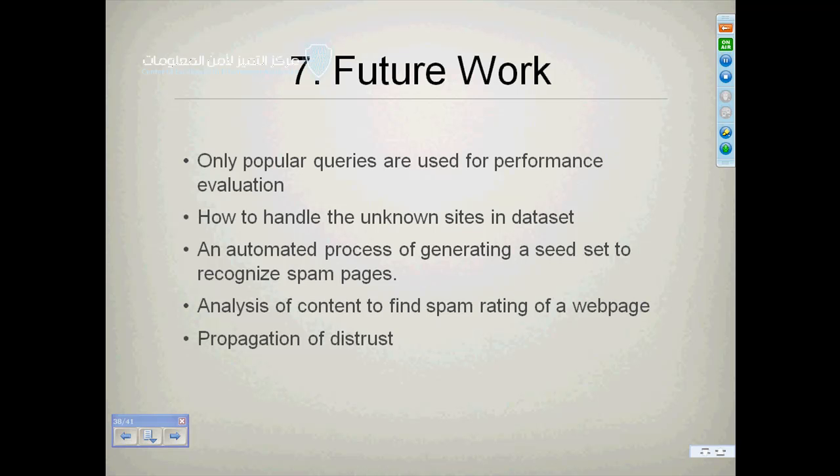An automated process to generate the seed set: every time for each query, he has to generate a seed set from the top 200 ranked results, and I don't quite recall what the manual effort involved was, and how he wants to automate it.